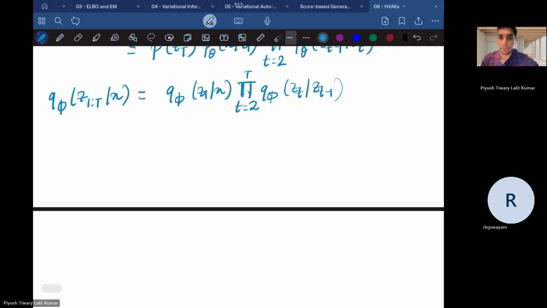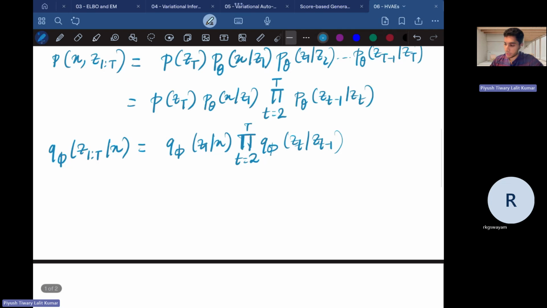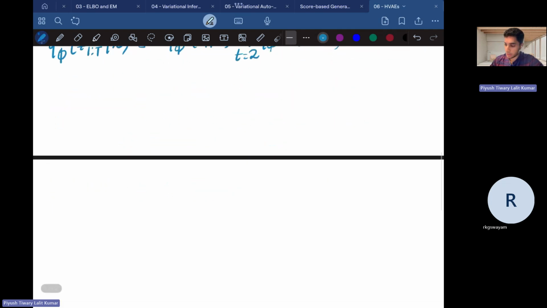Now let's see what is the ELBO that we'll get. At the end of the day, we want to maximize our ELBO. It will look quite similar, but nonetheless, let's write it down.